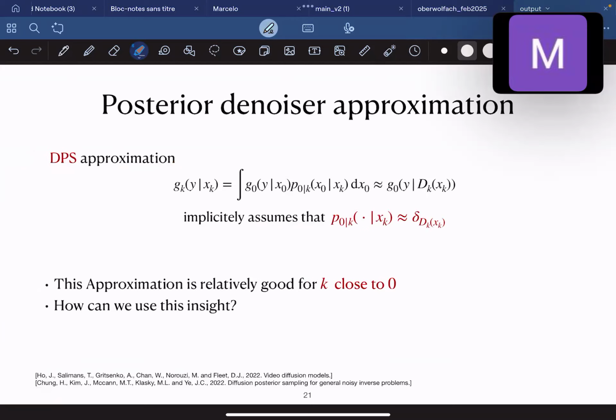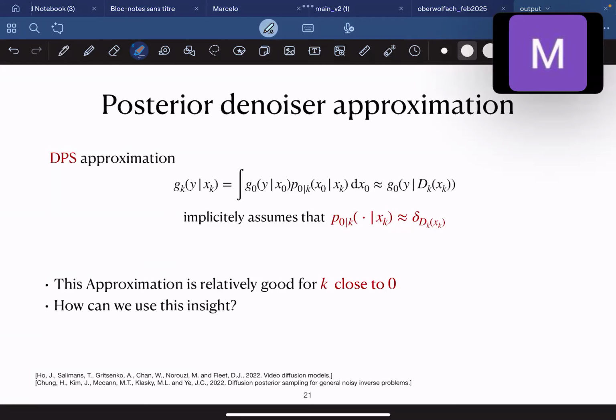So now comes the methodology we came up with my colleagues. The main observation we make, in order to improve the DPS approximation, is this: take a look at the approximation that we make here. We approximate the conditional distribution of x_0 given x_k of my original pre-trained model as a Dirac mass.